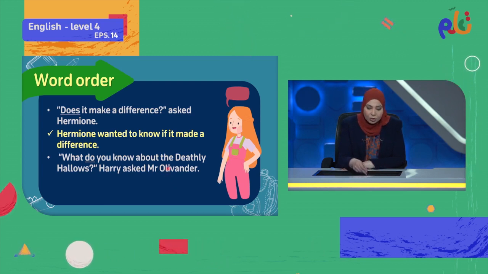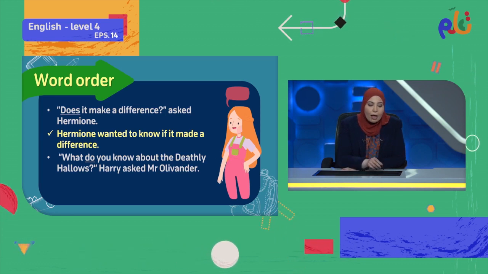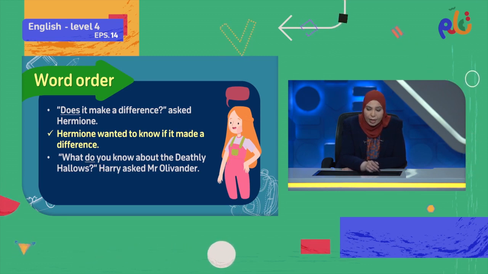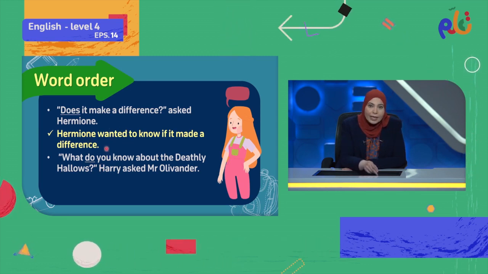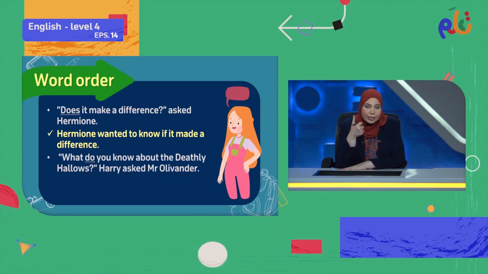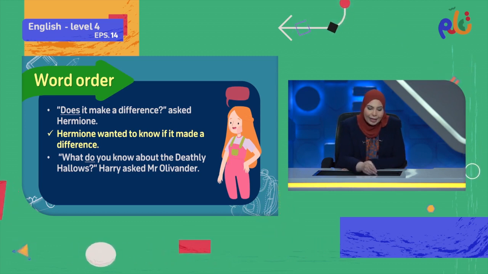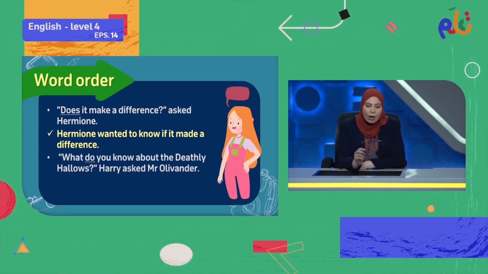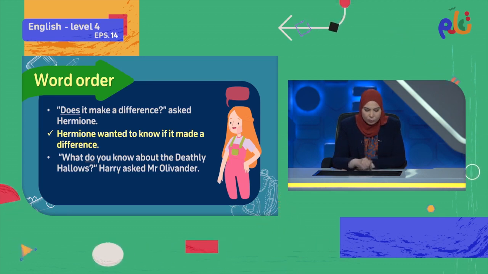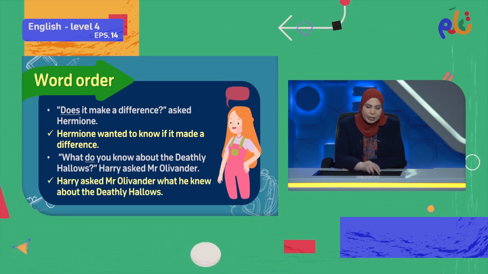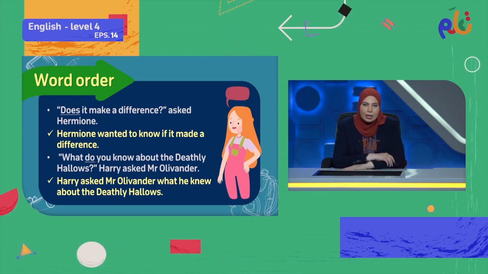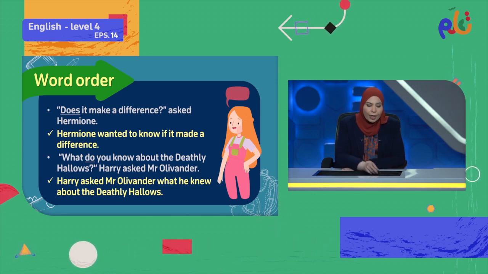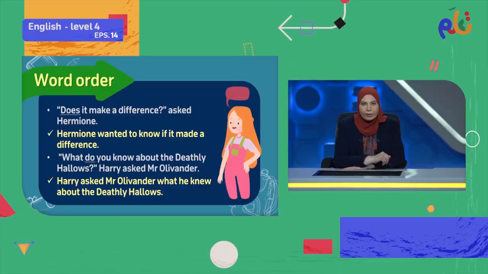Harry asked Mr. Ollivander what, and then we're going to remove do, and we change the subject. If it's you, it's going to be he, change the tense, one step to the past, knew about the Deathly Hallows. See? This is how it should look. So he asked what he knew, we changed the verb, and we removed the auxiliary.